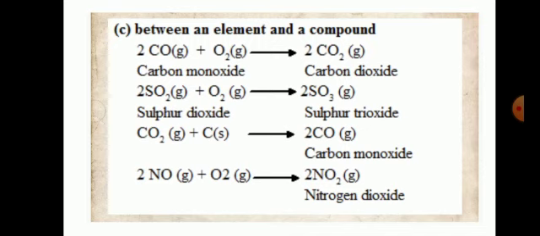And CO2 plus C will give you 2CO, that is your carbon monoxide. And the last example is 2NO plus O2 will give you 2NO2. So these are the examples between an element and a compound. Here also you can observe that only a single product is formed in your combination reaction.